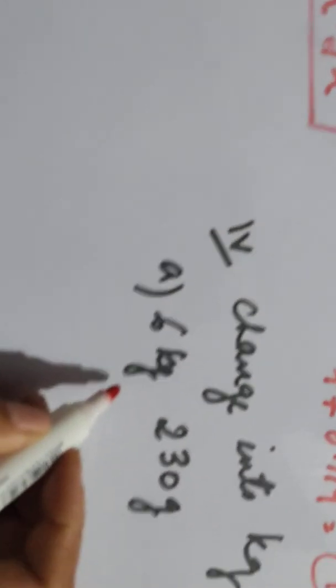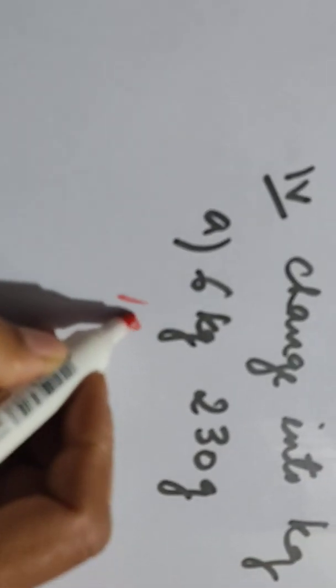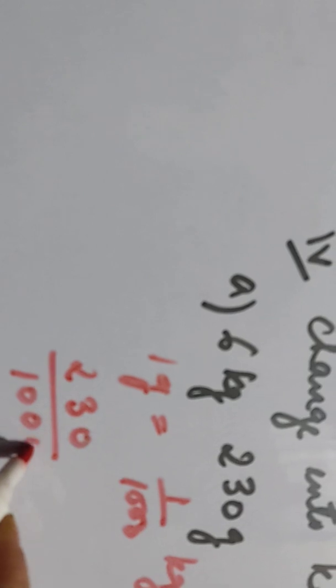The fourth question is change into kg. Again, this is kg, this is gram. We are going to convert this. 1 gram becomes 1 upon 1000 kg. So 230 divided by 1000.